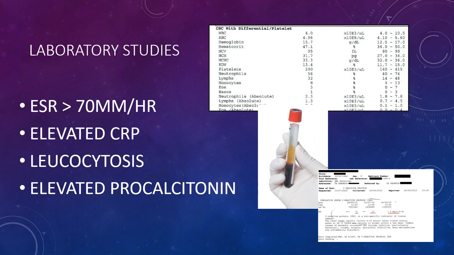There are those who have suggested that a significant elevation in the C-reactive protein is suggestive of osteomyelitis rather than active Charcot's joint disease.